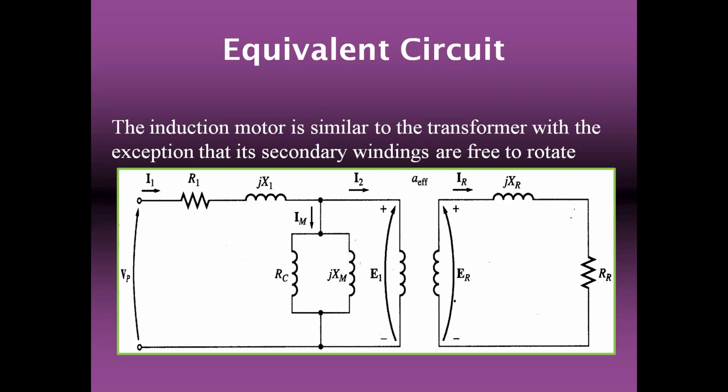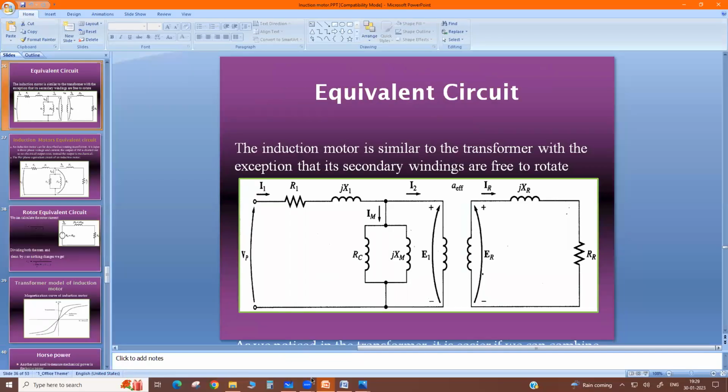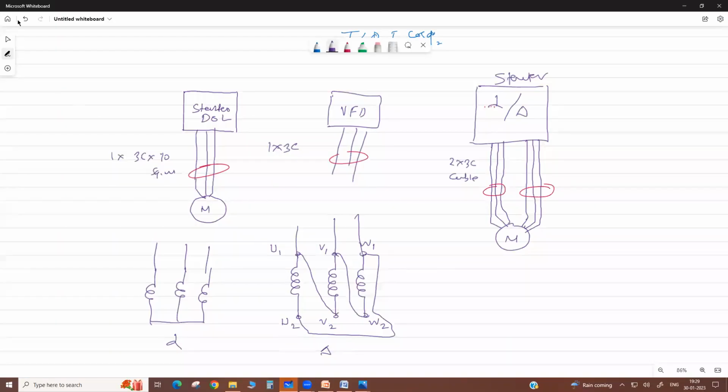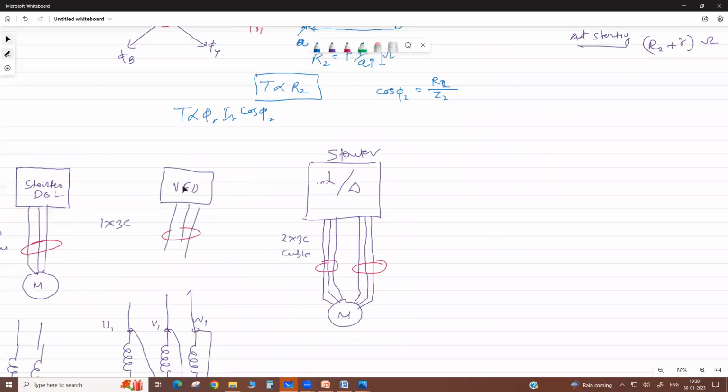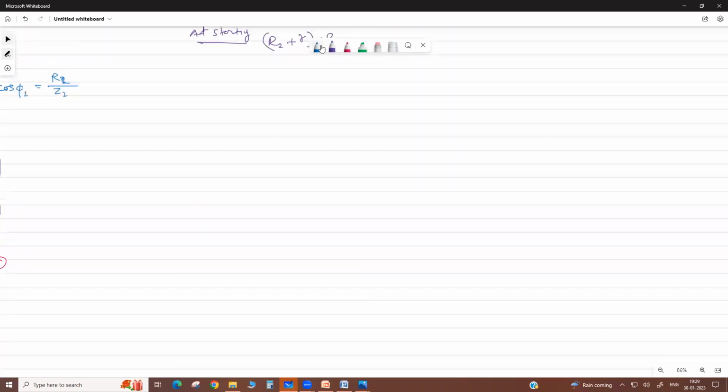Now, the equivalent circuit and this. Important definitions or notes you can say.